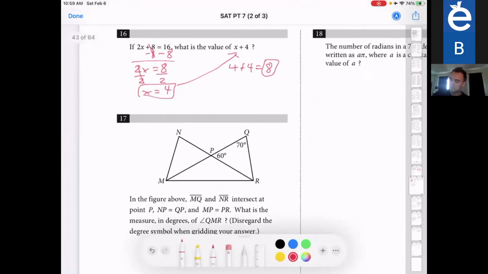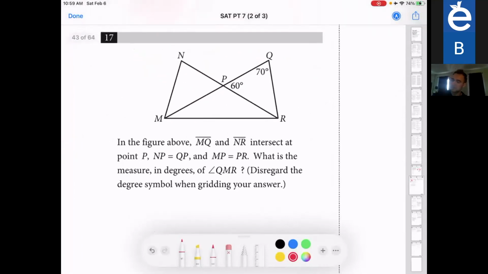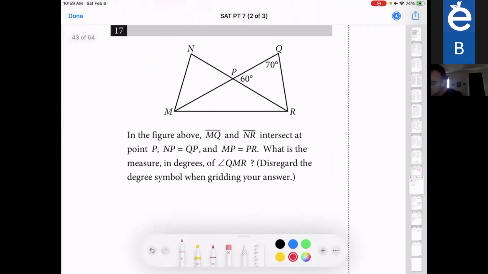All right, number 17, got a little geometry type problem. An interesting looking shape here.